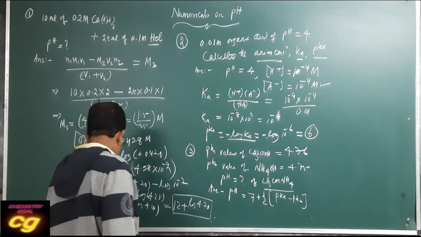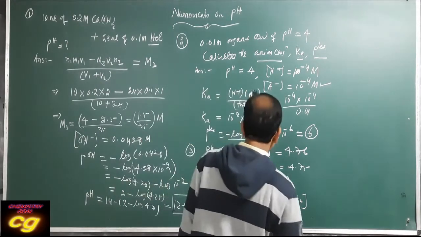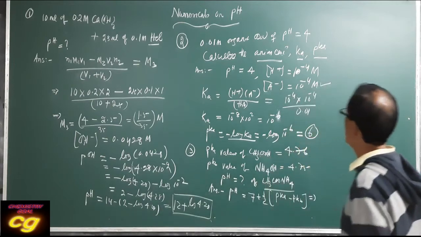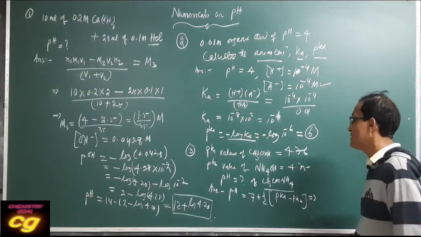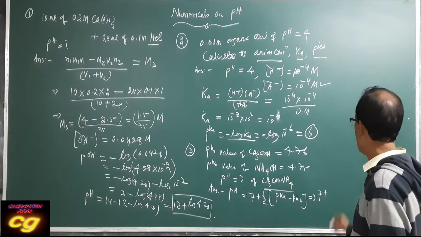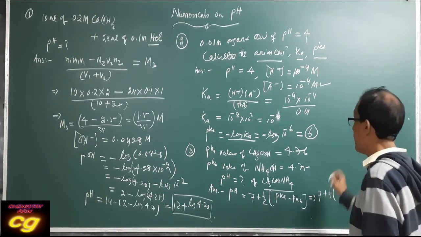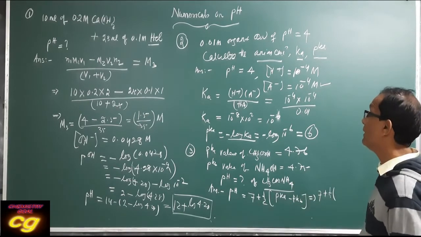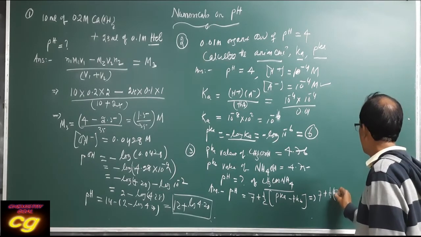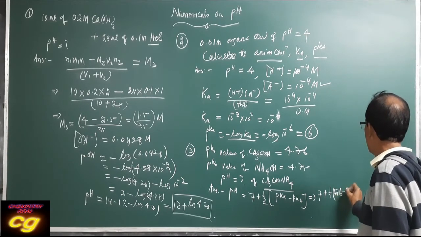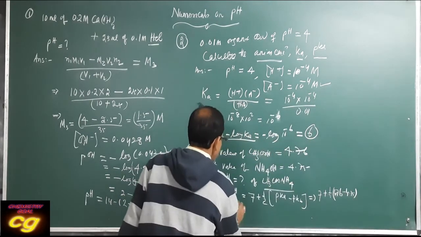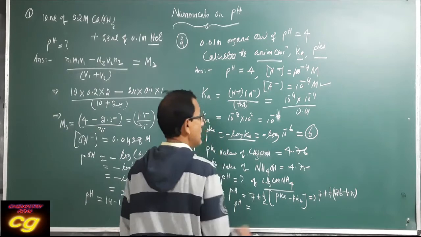Then if you put in this value, how much result is coming? Just see, pKa is equal to 4.76 and pKb 4.75. So 7 plus half of 4.76 minus 4.75. So the pH will be how much?